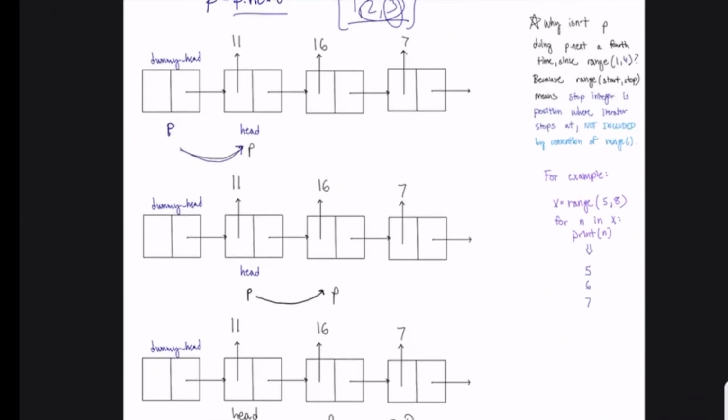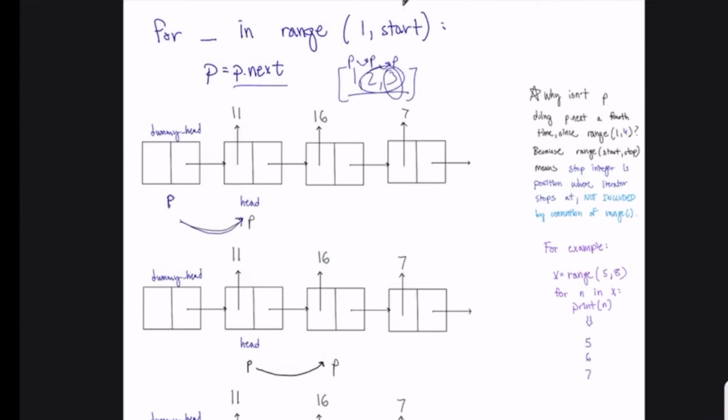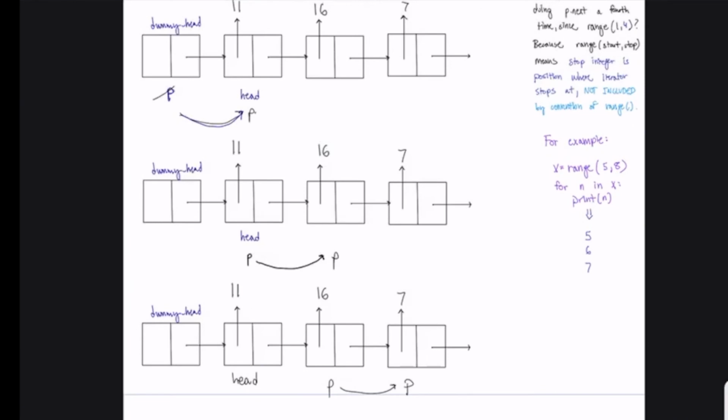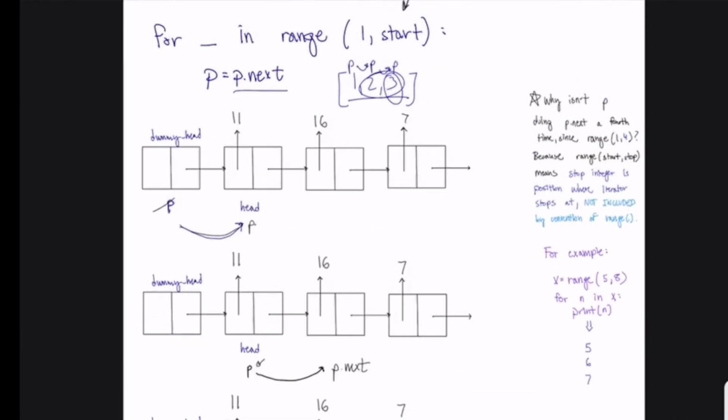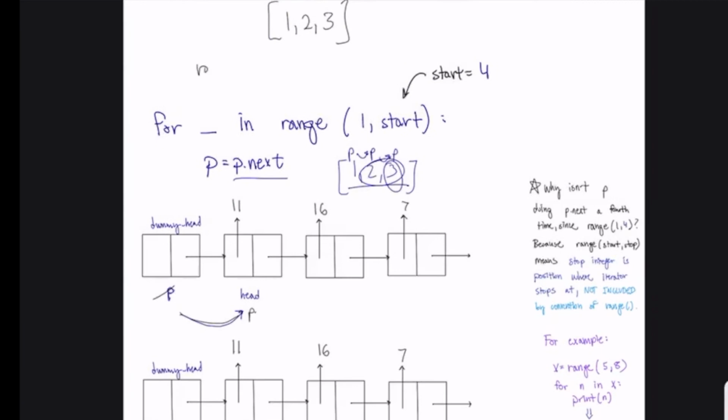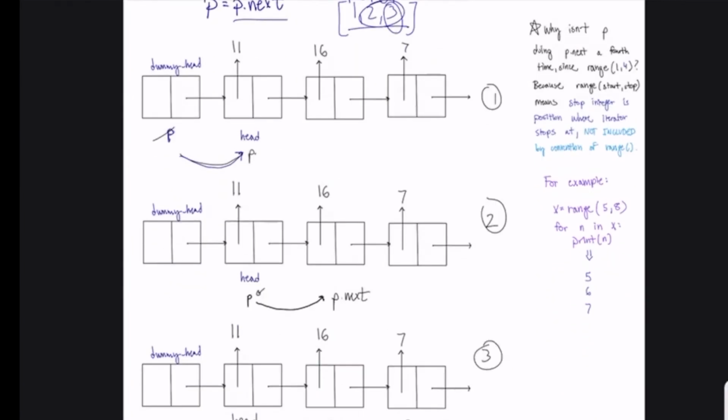So p equals p.next, p.next would be this. So p is effectively p.next, and we can erase p from here, and then p here will become p.next when range is at 2. So this is iteration 1, this is iteration 2, this is iteration 3.